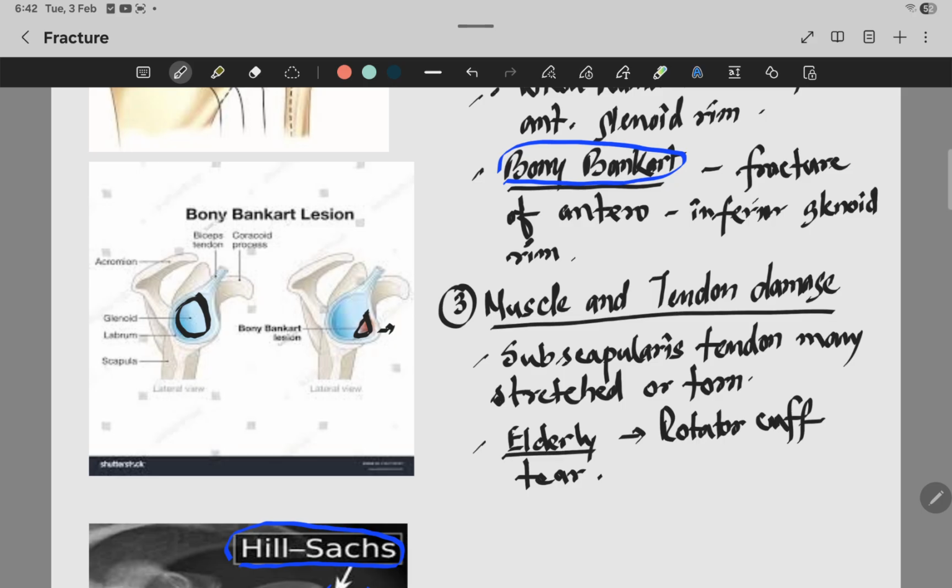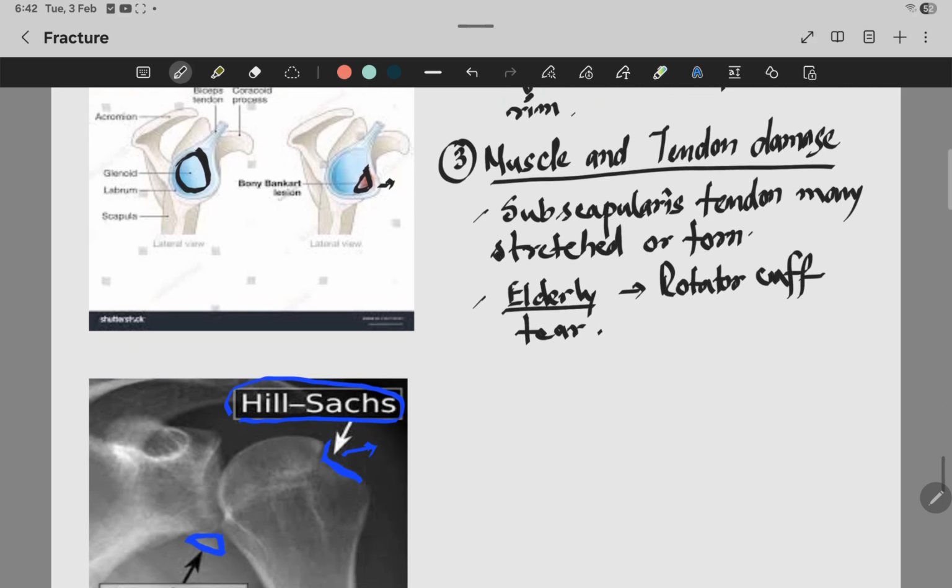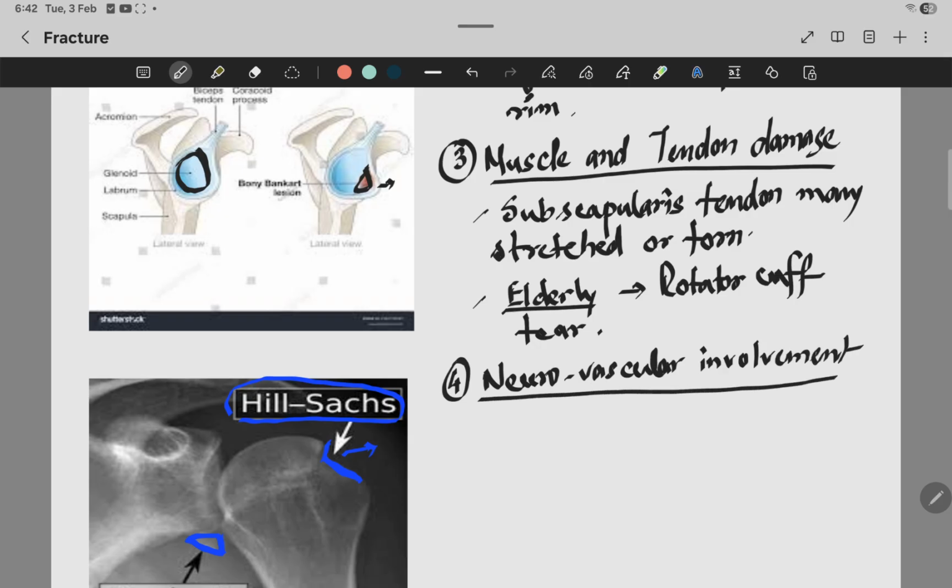Okay. Now the next point in the pathoanatomy is the neurovascular involvement. In case of shoulder dislocation, there may be axillary nerve injury, which is the most common.